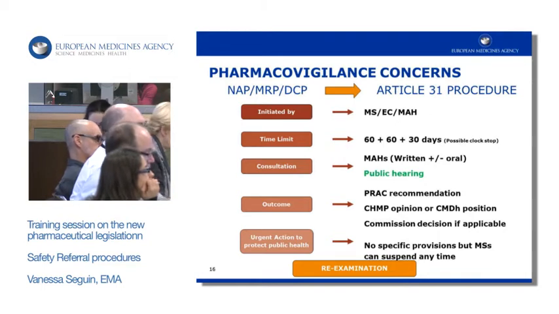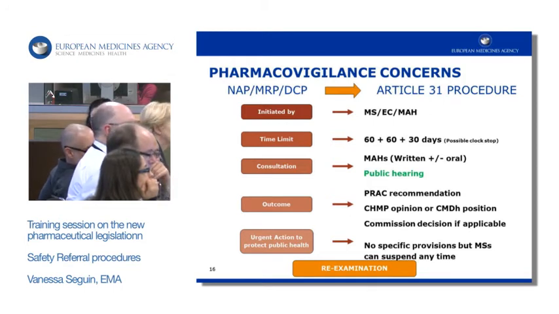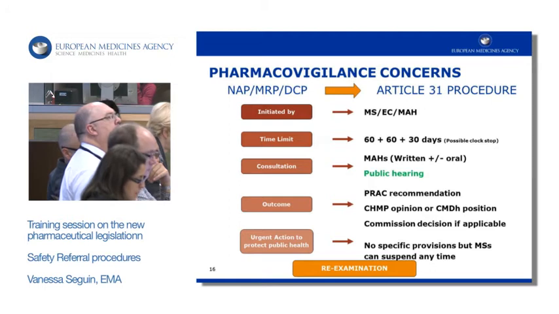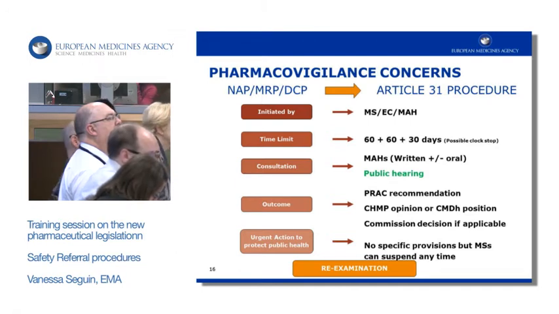So as Annabella was describing to you, within the frame of the 107I, it's the same concept. And the outcome will be, as here we've got PRAC involvement, a PRAC recommendation leading, exactly the same way as for the 107I, to a CHMP opinion or CMDH position, and with a commission decision as applicable.